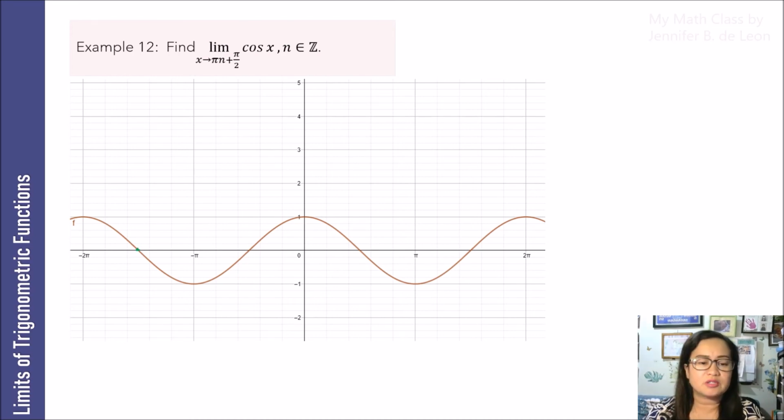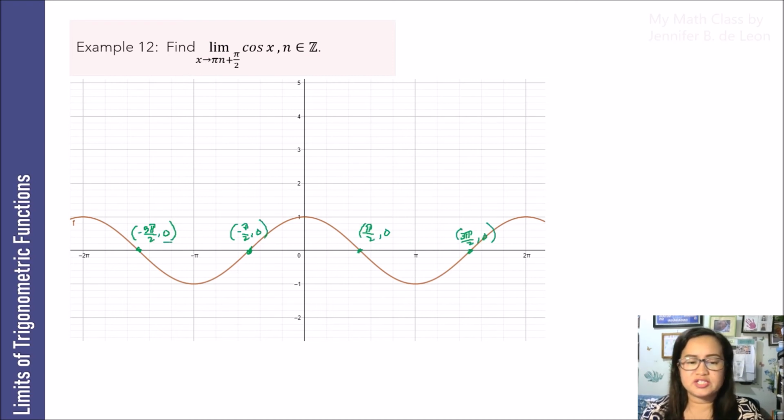Now let's plot the points having the multiples of pi over 2. As you notice, the ordinates of these points are all equal to 0. Therefore, the limit of cosine x as x approaches pi n plus pi over 2, where n is an element of the set of integers, is equal to 0.